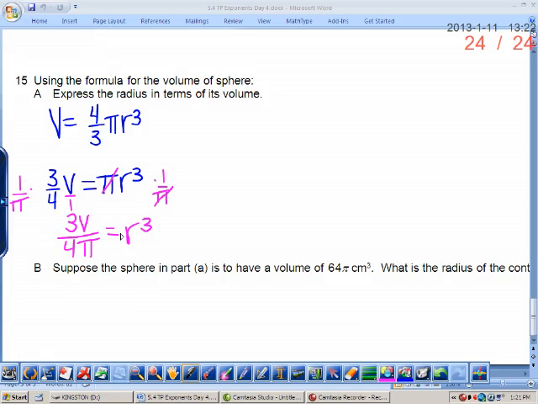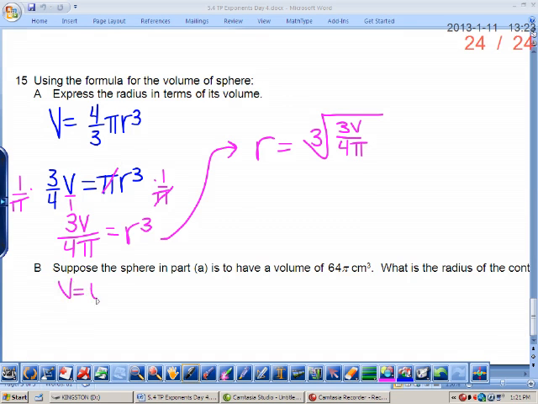What would we do next? Cube root, which means that r is equal to what? Good. All right. So suppose you are given a sphere with a volume of 64 pi centimeters cubed.